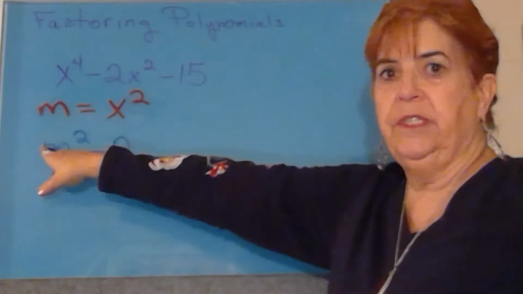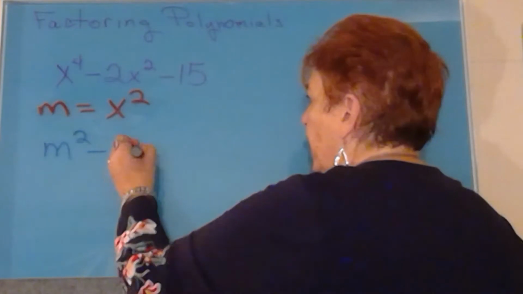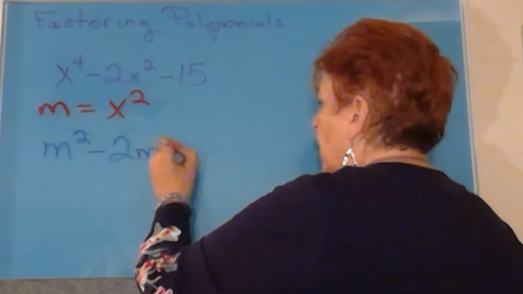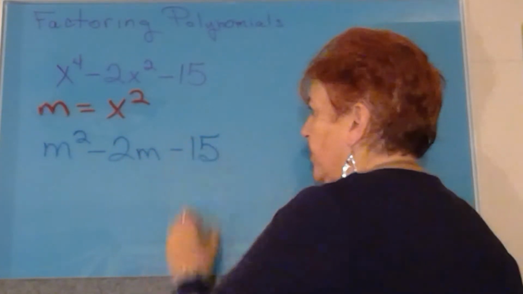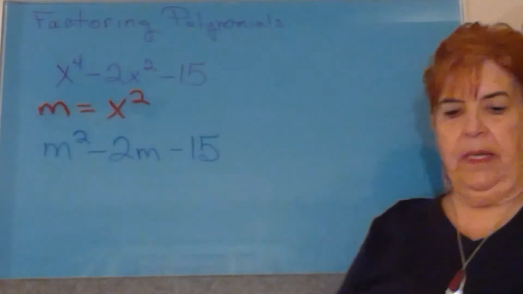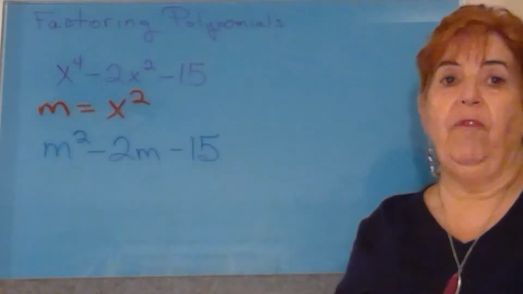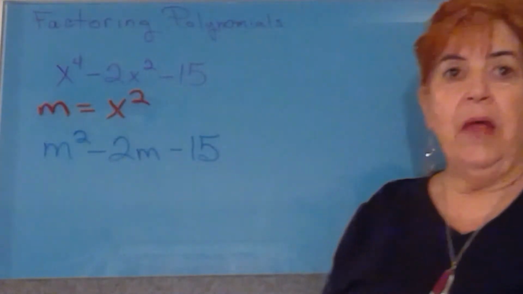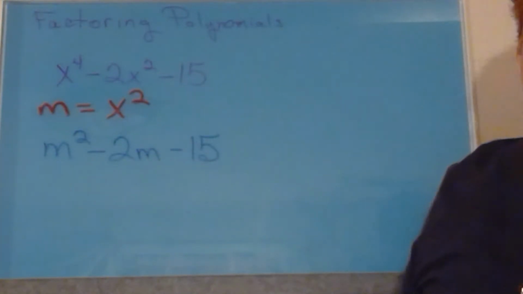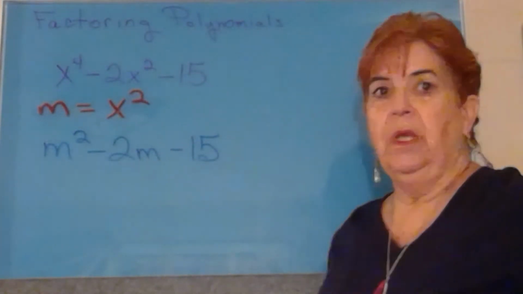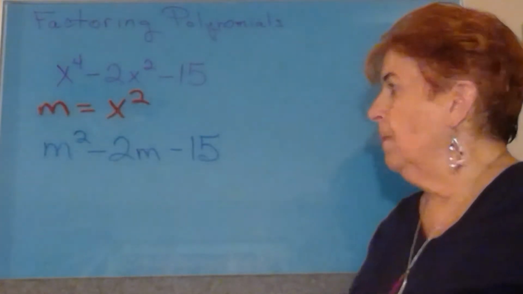Again, x squared is the same as m. So that's 2m minus 15. Now, some of you, it's going to be very helpful to write it out like this. Others may be able to do it without actually making the substitution, but it should be helpful.